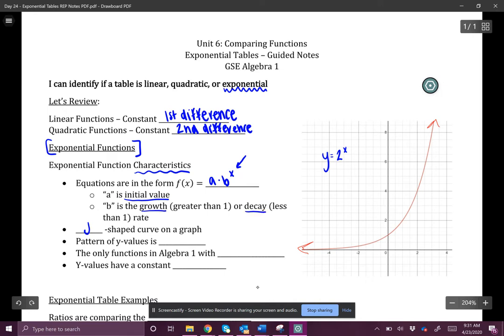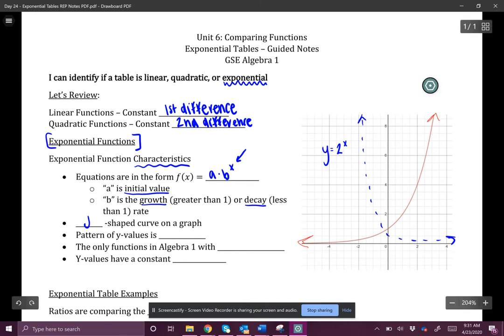In this case, our function is increasing, so we know it's growing. If it was in reverse, we know that it would be a decay, because as we read left to right, it is decreasing, whereas our red function, as we read left to right, is increasing. So whenever you look at exponential functions, the pattern of the y values is a multiplication or division pattern.